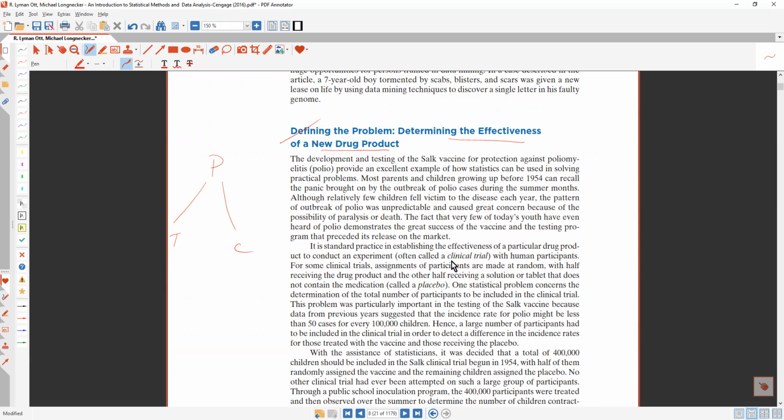In clinical trials, statistics are used all the time. And we talked about this placebo idea, where you give some people a sugar pill that doesn't work, and the other people, in our example, get the vaccine.